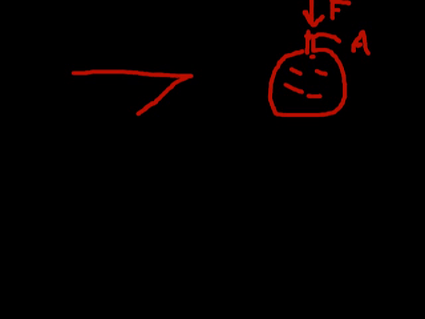So for every small cross-sectional area, there's a force pointing out, and it's always perpendicular to the surface. Why?